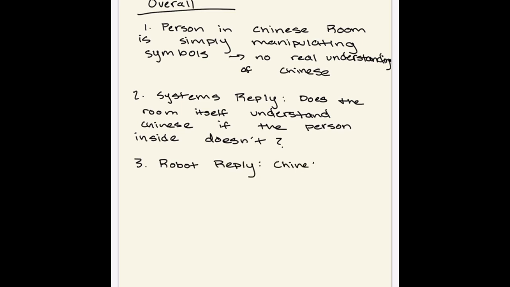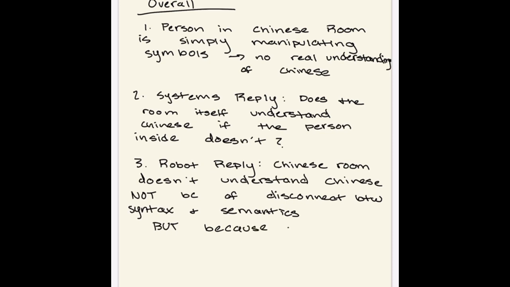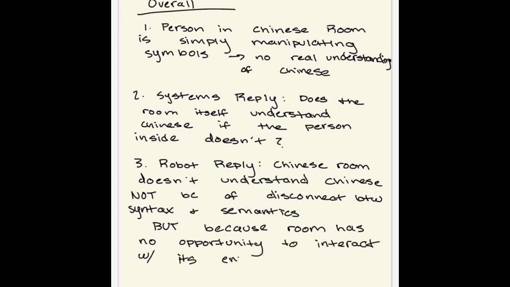And the robot reply is that the Chinese room doesn't understand Chinese because the person in the room doesn't understand Chinese. And it's not because of a disconnect between syntax and semantics, but because the room has no opportunity to interact with its environment, and that is not allowing it to learn.